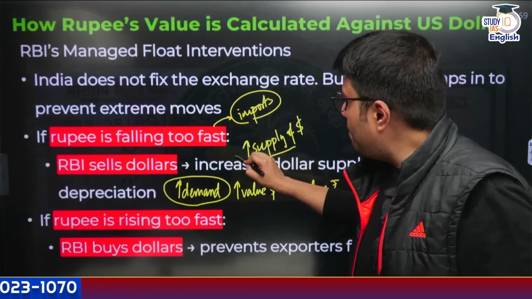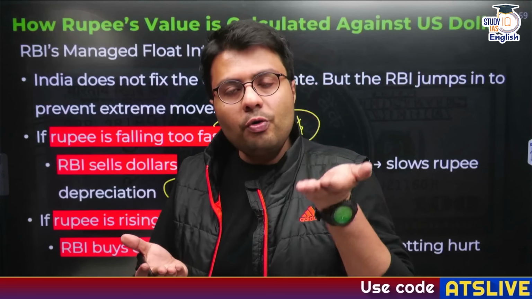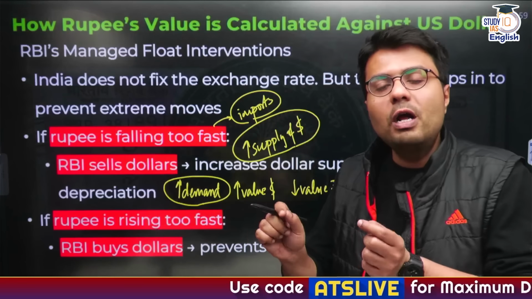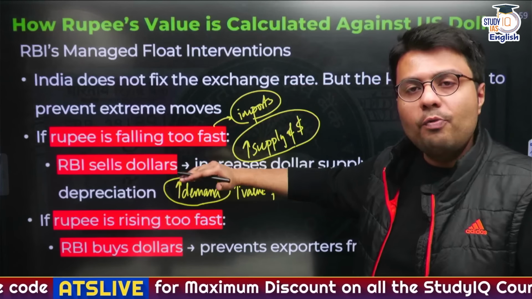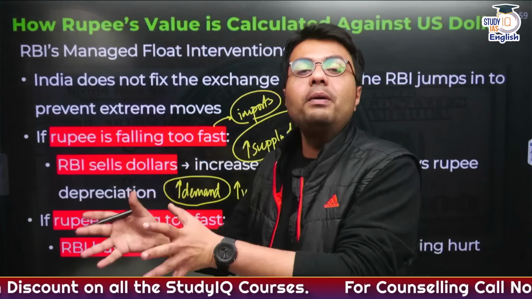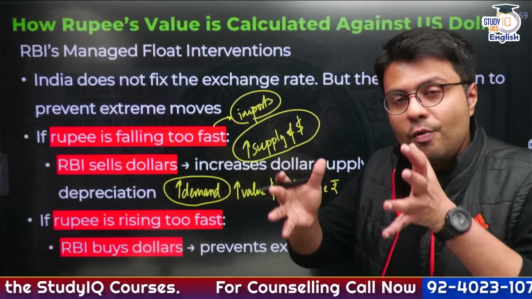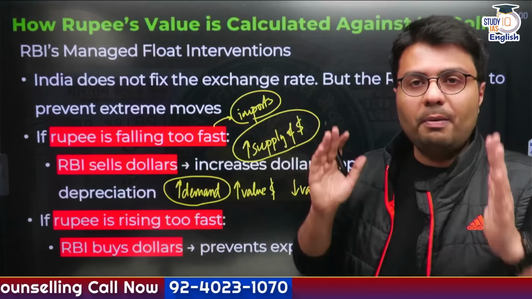When the supply of dollar increases, the demand for dollar would cool down and it would also cool down the fall in the value of rupee. So this is how the central bank intervenes in case of rapid depreciation of rupee: RBI would sell dollars in the forex market in order to increase the supply of dollars.